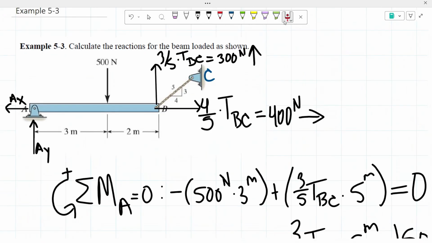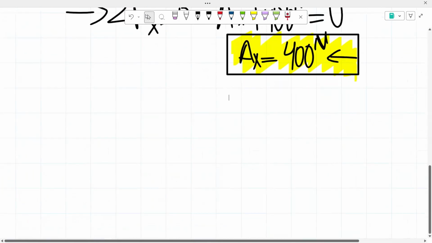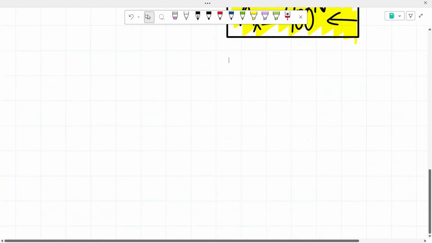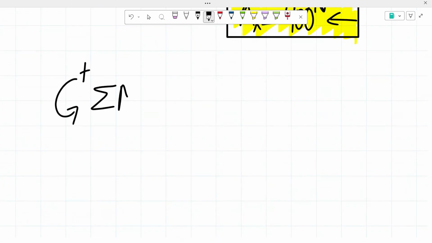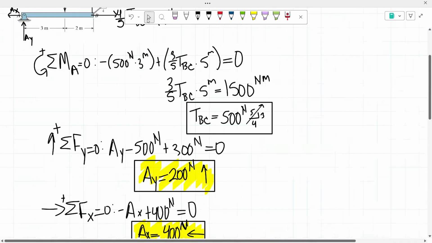So let's check that real quick to see if we calculated the reactions correctly. So we know that the sum of our moments about point B has to equal 0. So this statement has to be true.